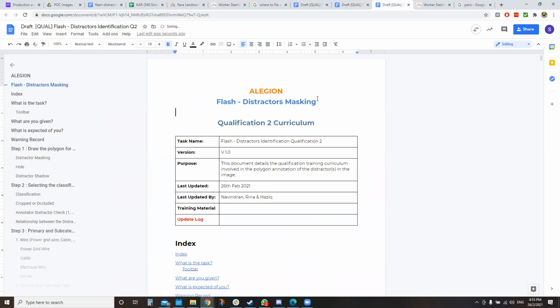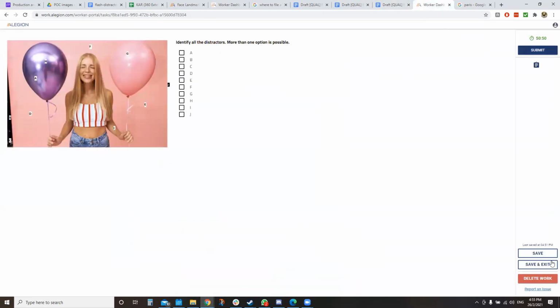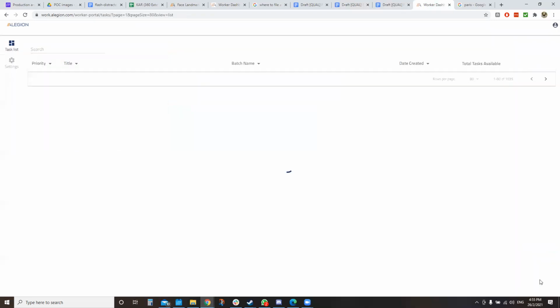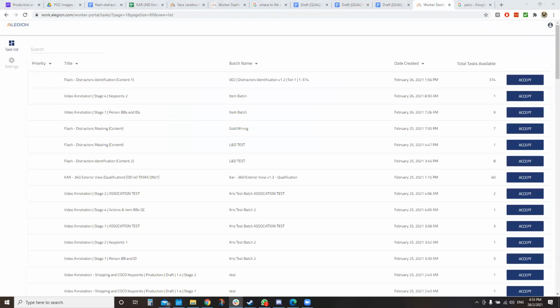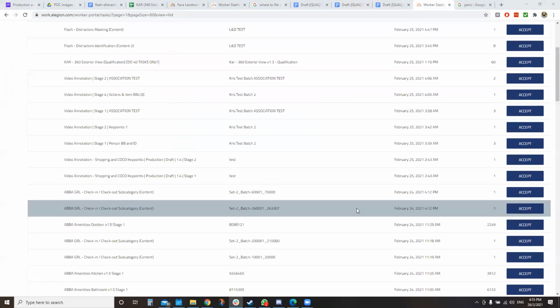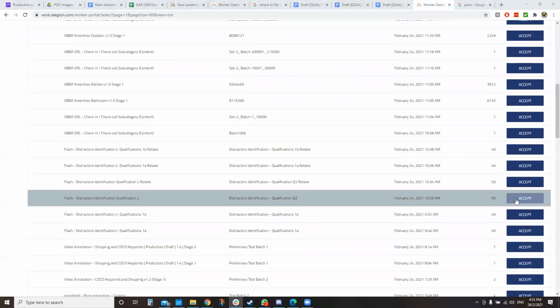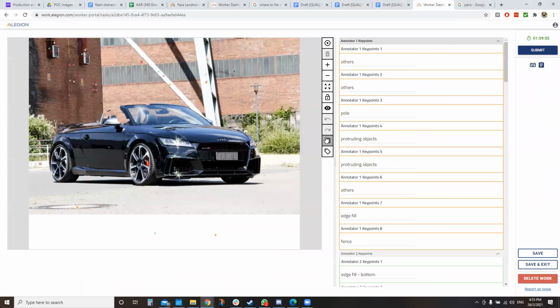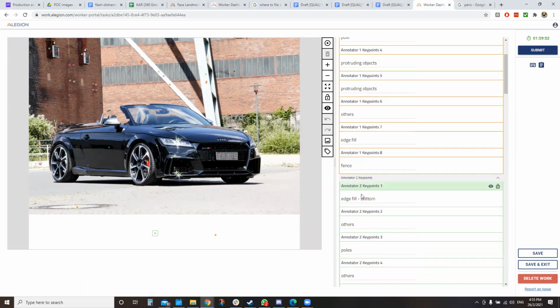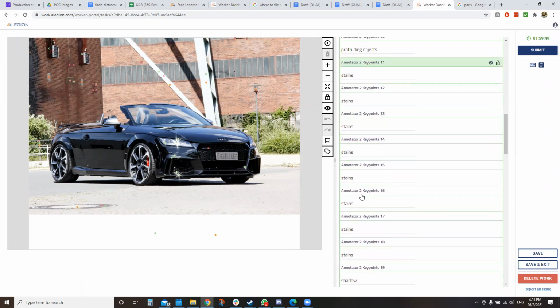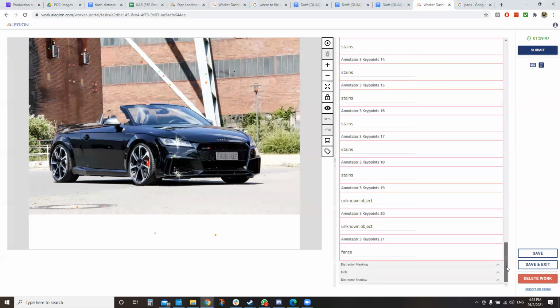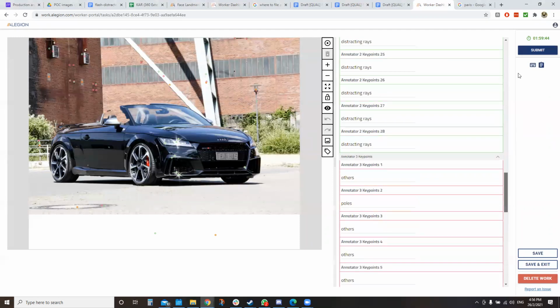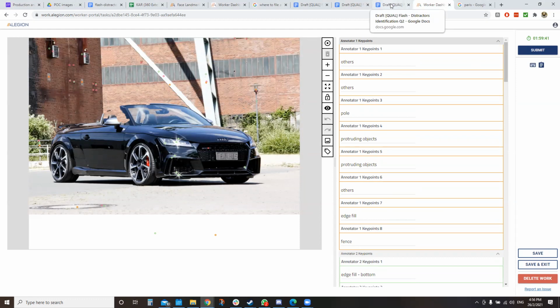Yeah, qual 2 is distractor masking. Sorry, let me go and see qual 2 first. Okay, all right. So qual 2 is masking. Correct.